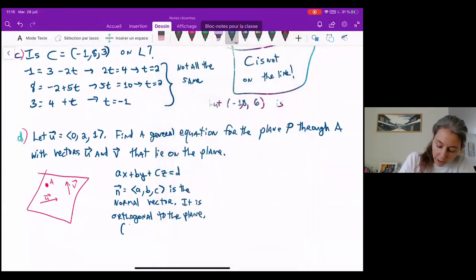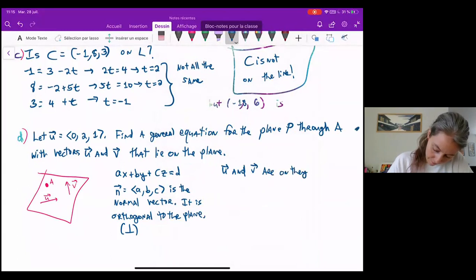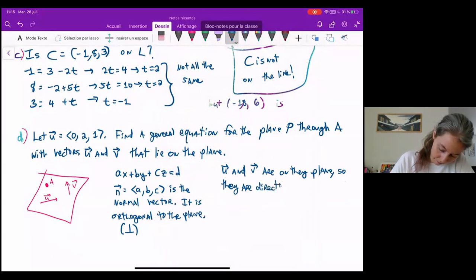So this normal vector, in other words, cannot be U or V. U and V are on the plane, so they are direction vectors. Which means I need this third vector that's a normal vector sticking out of the plane.